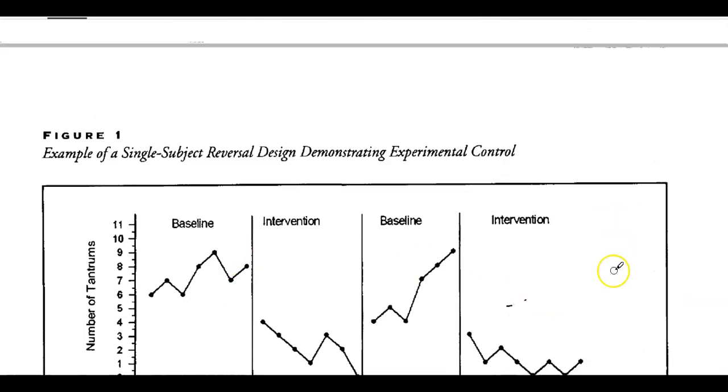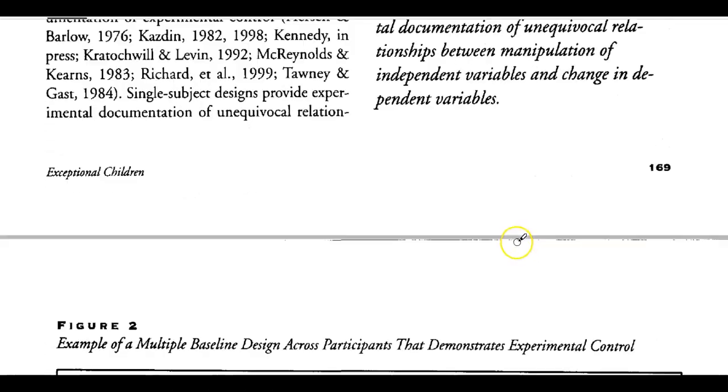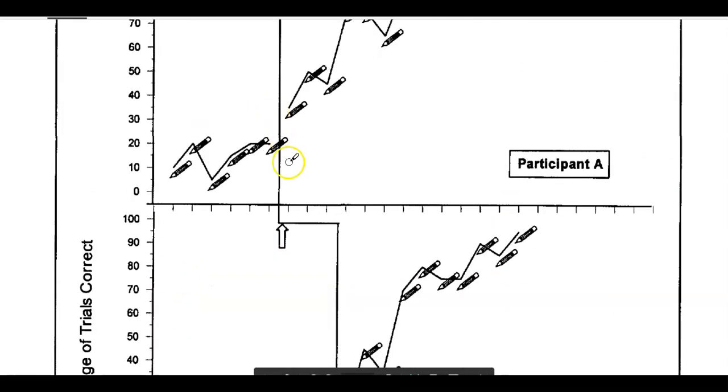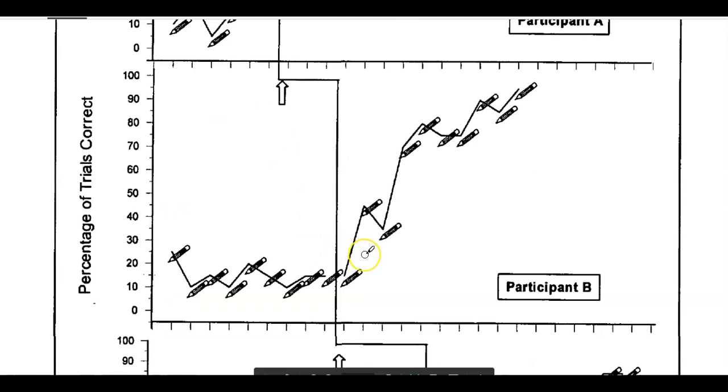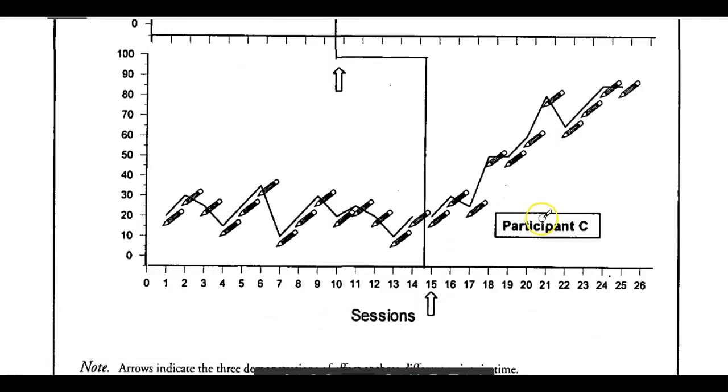So here we have an example of a withdrawal design where we have a baseline, intervention, and replication of effect. And then it goes on to show you multiple baseline, where you have a staggered, time-lagged introduction of the intervention, and noting that the baseline data are stable prior to intervention.